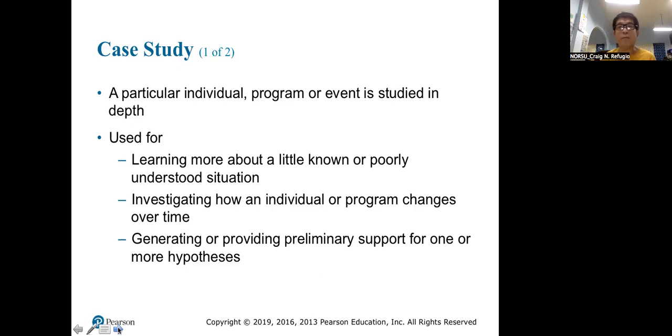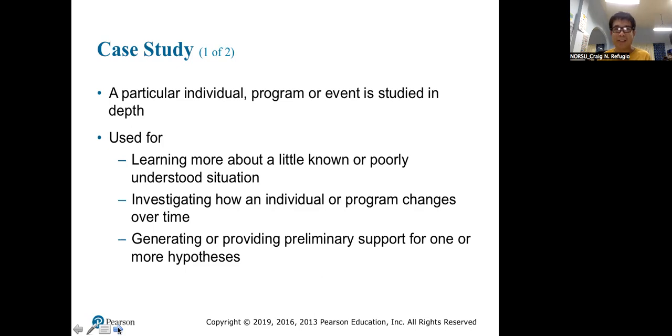Generating or providing preliminary support for one more hypothesis. If you look into some formulations of hypotheses, you can look into a case study so that you will have a very objective or an educated hypothesis.